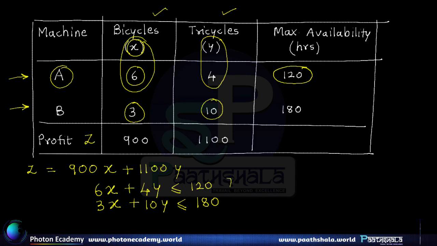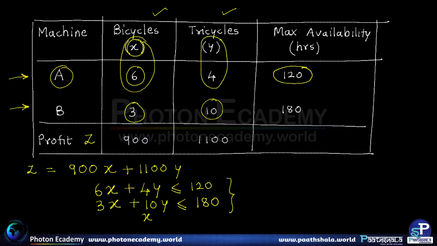We can call these the time constraints. Then we also have the non-negativity constraints, as we just saw. The numbers x and y cannot be negative, so both are supposed to be greater than or equal to 0. Finally we go ahead and write the formulated LPP.